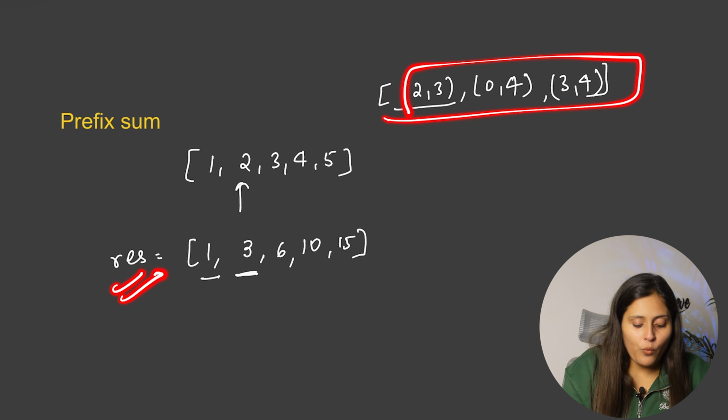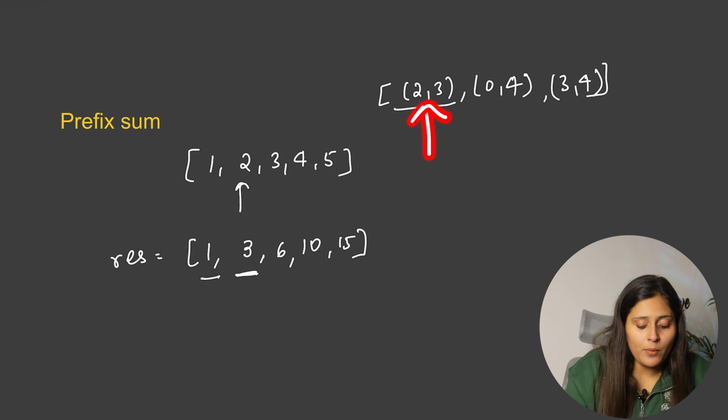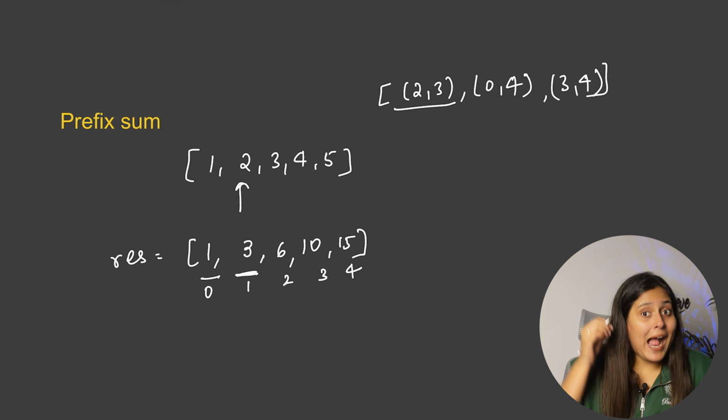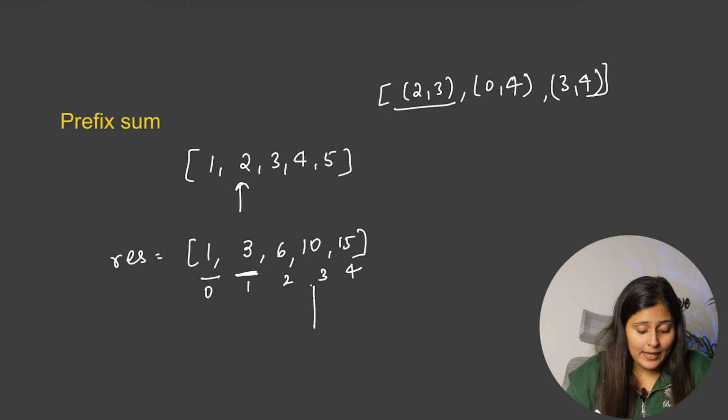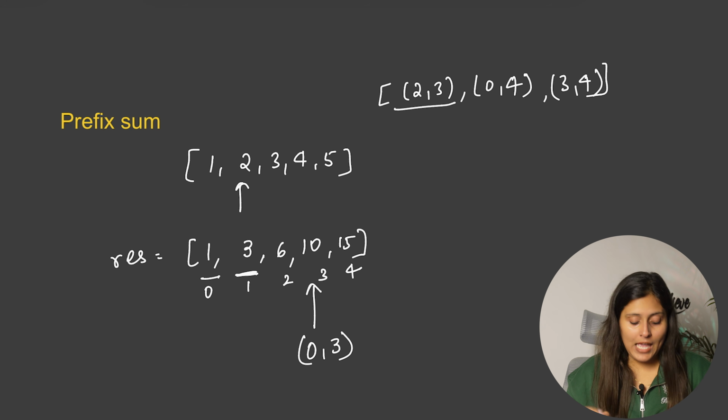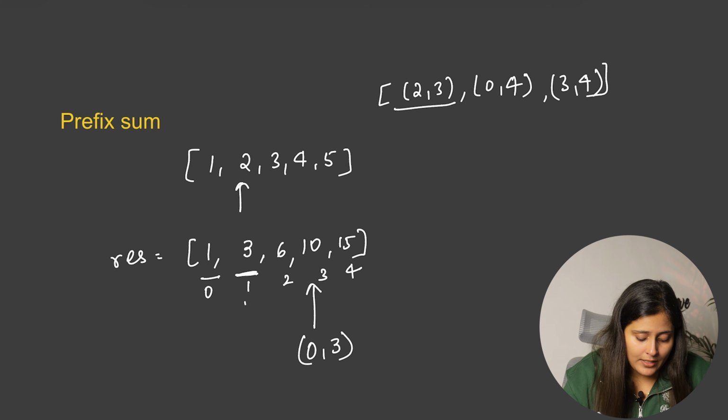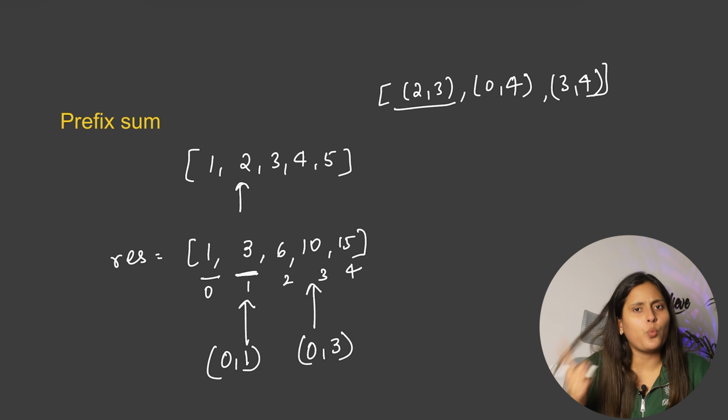Let's see how. What do you want? You want the summation from 2 to 3, correct? And this is the 0 index, 1 index, 2 index, 3 index and 4 index. And you know the summation at the third index has saved the answer from 0 to 3. And the summation till the 1 index would have saved the summation from 0 to 1.